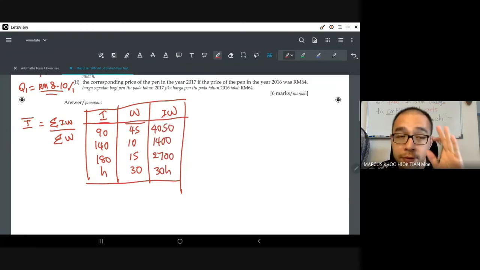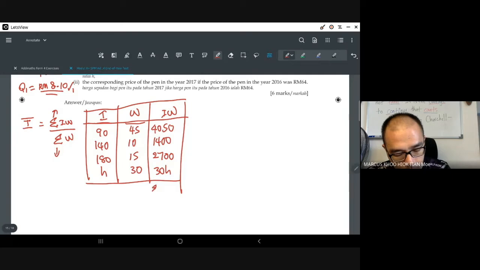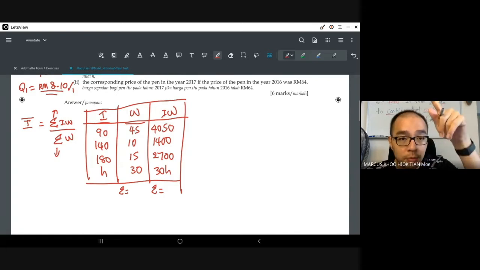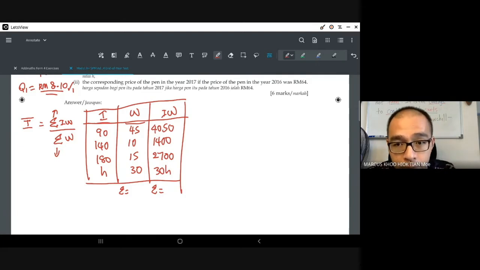Now, after that, remember we must find the total. So IW the total, and W the total. 45 plus 10 plus 15 plus 30. Total means you plus all together. Okay, W is 100.